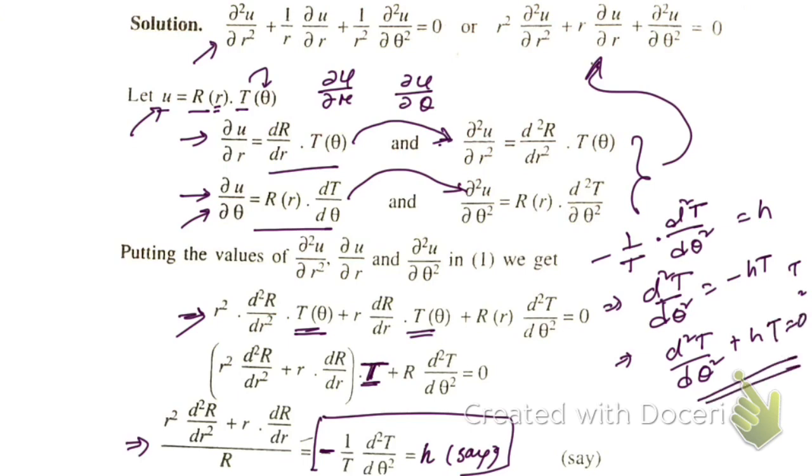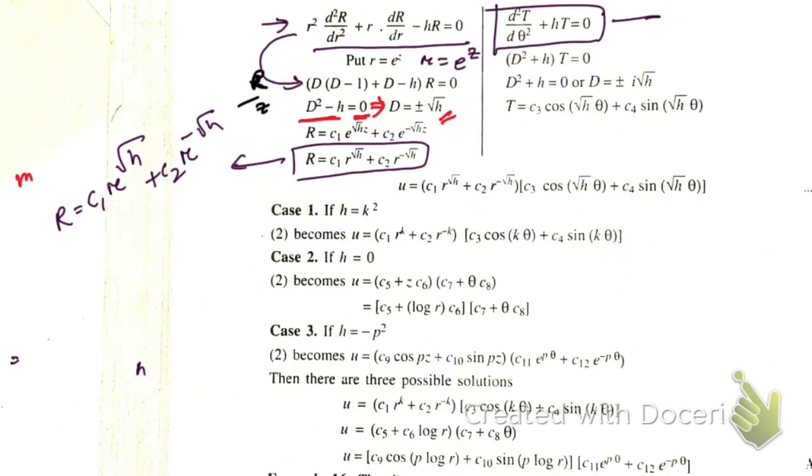Now let us solve this equation. Here is the equation we have got. Again here we're going to replace d by d theta by capital D, and for the second order derivative there will be D square, and doing so we have got this. And the auxiliary equation is this: D square plus h is equal to 0.